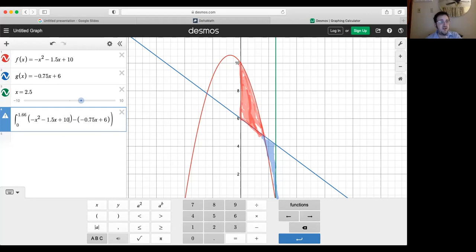Put parentheses around everything that you did. Put a dx at the end. I believe that was like 2 point. We went from 0 to 1.66.